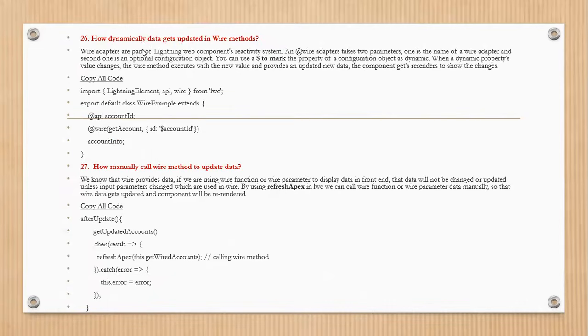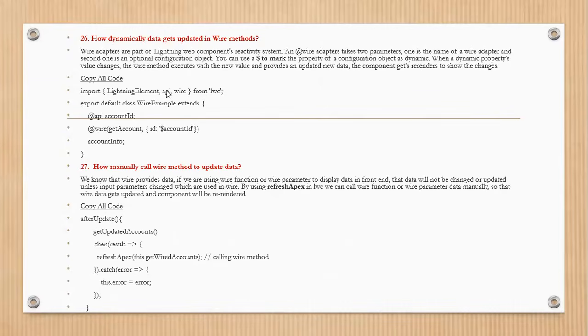Next question: how does data get dynamically updated in wire methods? Wire methods are part of the Lightning Web Components reactivity system, and the wire adapter takes two parameters. One is the name of the wire adapter, and the second is an optional configuration object. You can use the $ prefix to mark a property in the configuration object as dynamic.